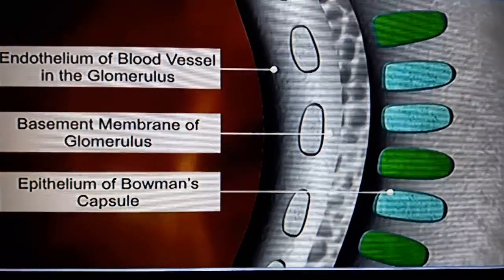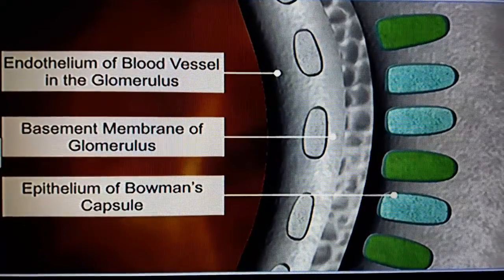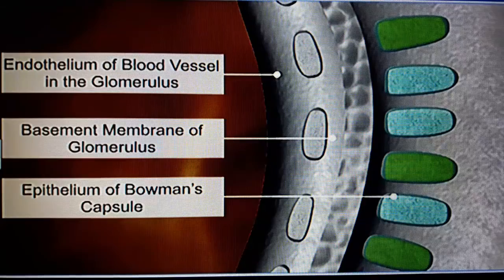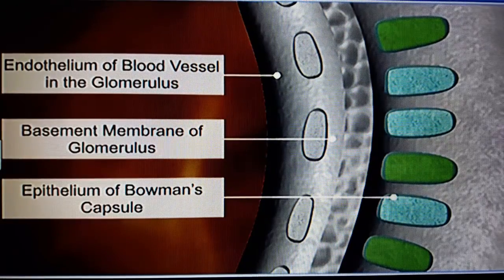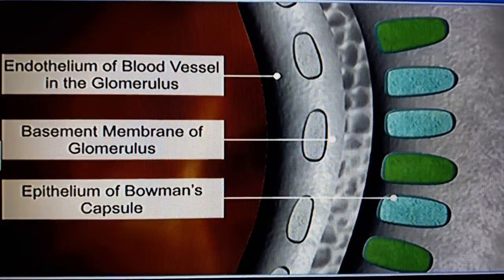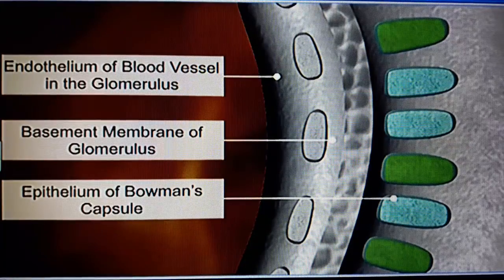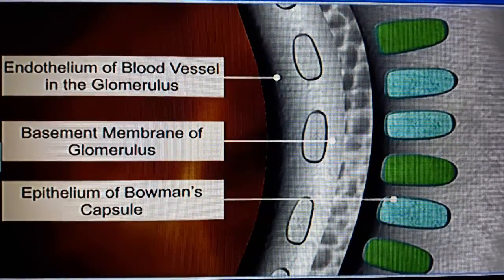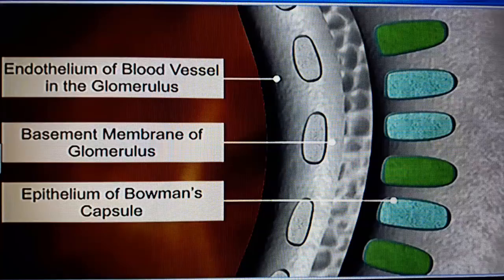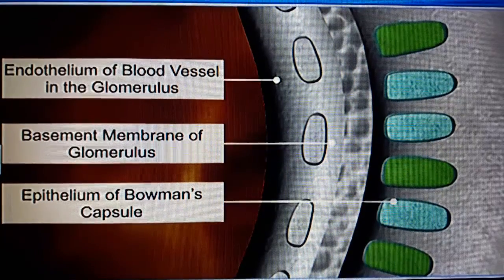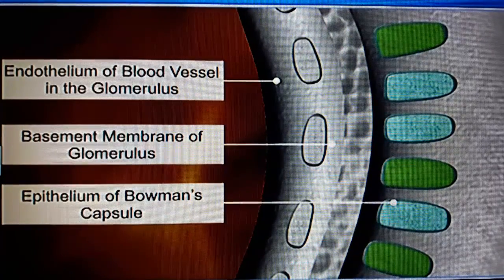So, glomerular filtration is also called ultrafiltration. It is the first step of urine formation, in which blood is filtered in the glomerulus and glomerular filtrate is formed in the Bowman's capsule.